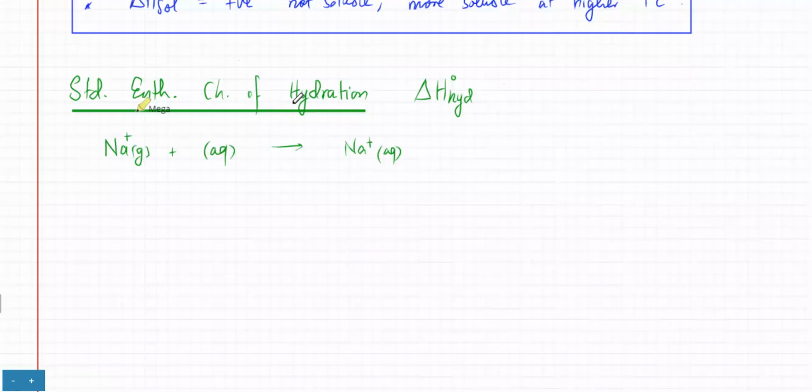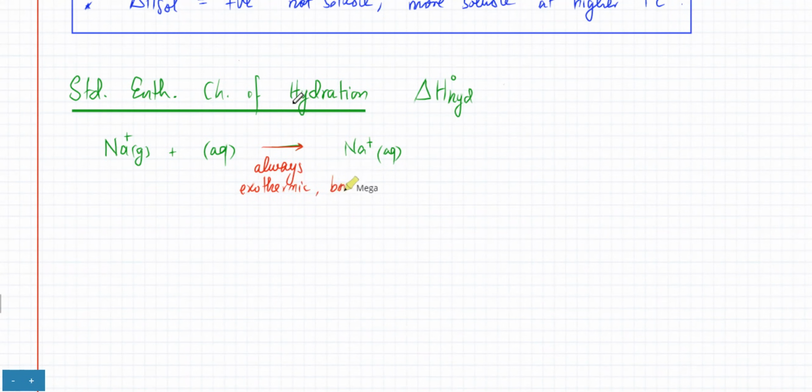So this is enthalpy change of hydration, and it's always exothermic, as bonds are formed only. I'm going to talk about this in detail, just focus on this thing that it should be 1 mole. So this is by definition what enthalpy change of hydration is.